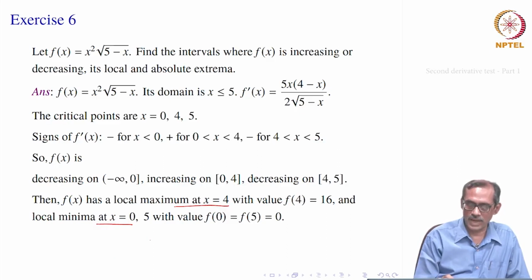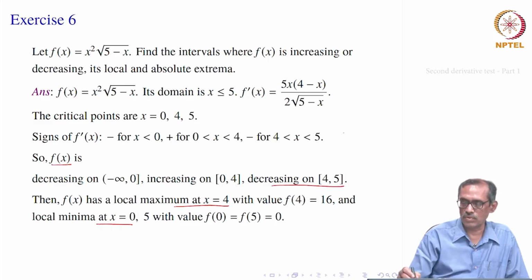And what about 5? You have only negative for 4 to 5, that is all, but it is an end point. So, f(x) is decreasing on 4 to 5, and it is an end point, so you would say that 5 is also a local minimum point.